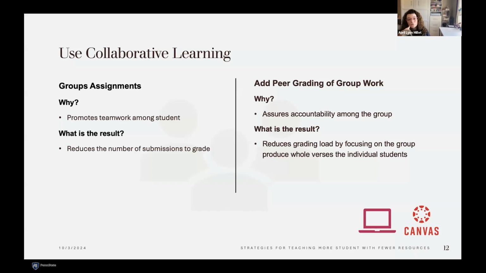And there are both Canvas resources and other technological resources that can help with this. The peer review tool in Canvas might be something you can use for this with a little bit of tweaking, I think.